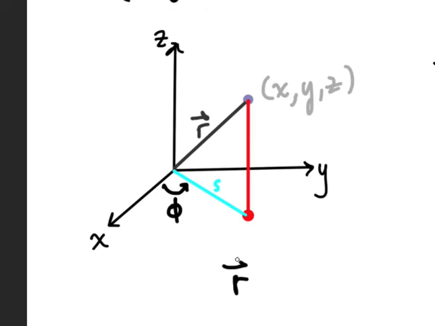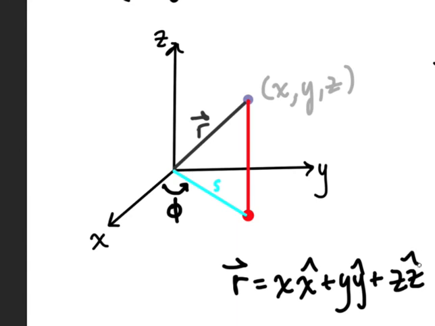So we can define our vector as x x hat plus y y hat plus z z hat. And that is the Cartesian system.